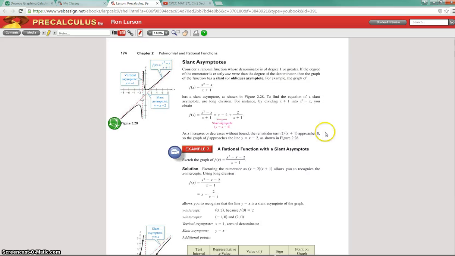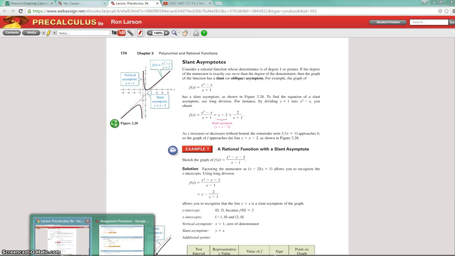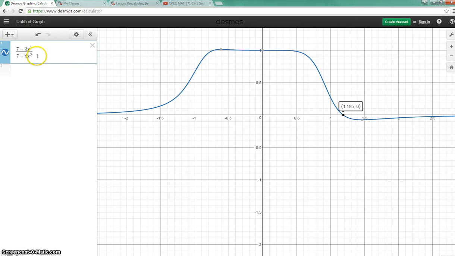And then lastly, another type of asymptote are slant asymptotes. So slant asymptotes are when the degree of the numerator is 1 larger than the denominator. So let's go back and look at our graph that we had. Let's make a graph.